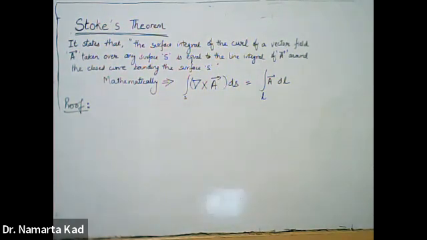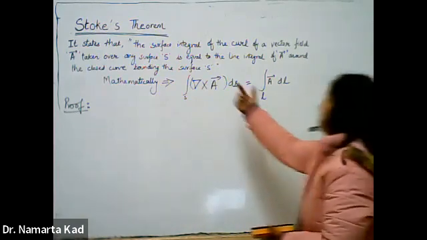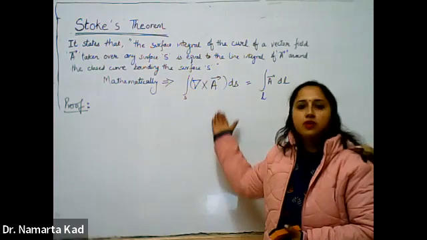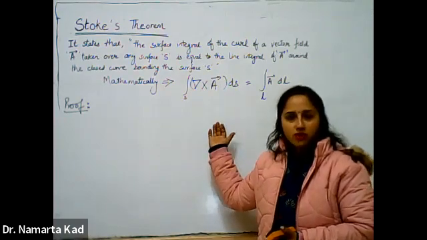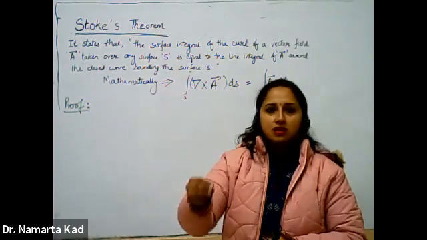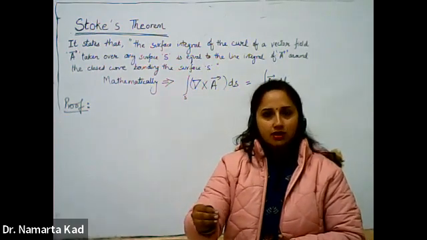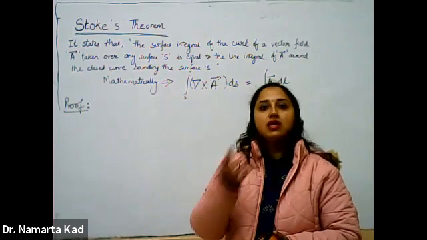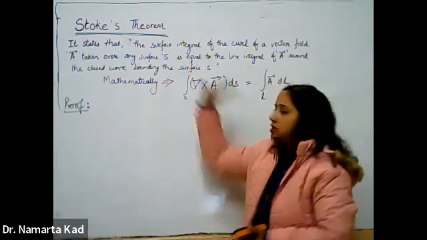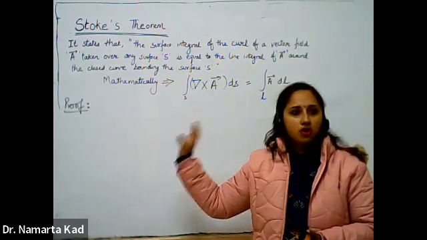In Stokes' theorem, surface is converted into line and vice versa, and the curl operation is used. Whereas in the Gauss divergence theorem, surface integral is converted into the volume integral and vice versa, and the divergence operator is used. So this is the statement of Stokes' theorem.